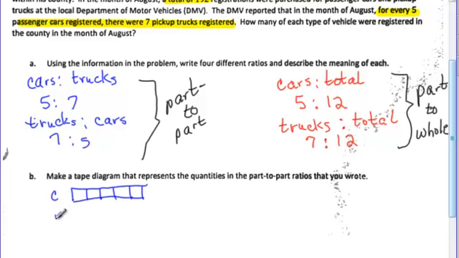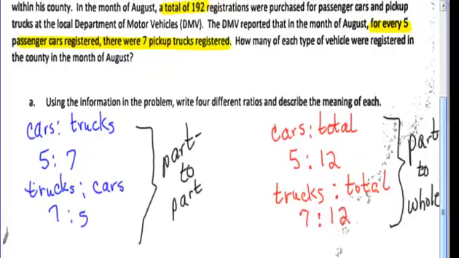And our trucks, we'll let T represent trucks here. And I need 7 pieces for that. And we want to make equal size pieces as close as possible. And we had 1, 2, 3, 4, 5, 6, 7 equal parts there. So there's our tape diagram that represents our ratios, cars to trucks, 5 to 7.